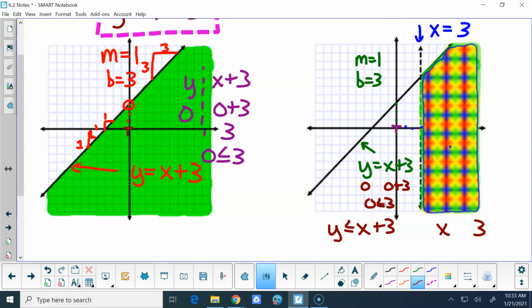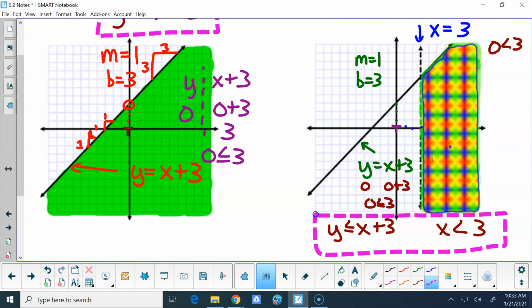Great. Now with x, if I plug in the origin again, because I didn't go through it, I have 0 and 3. I want that to be true. It's a dashed line though, so it's only going to look like that. Oh, excuse me. No, I don't want a true statement there. Tap the brakes. I was shading on the wrong side. I want a false statement there.